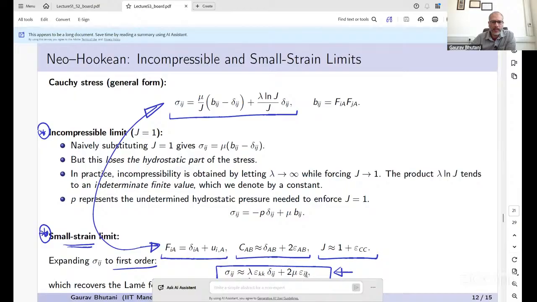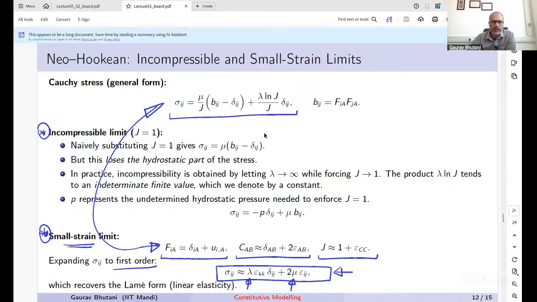And when we do that, we get this expression below for the sigma, which exactly is what we have for isotropic small strain situations, the linear isotropic model that we have.